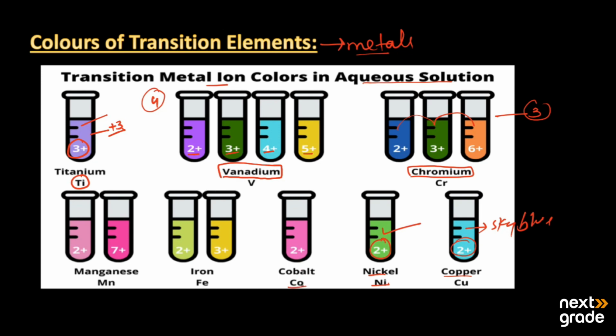Cobalt in the plus 2 oxidation state shows pink color. And here we have iron. It exists in 2 oxidation states, plus 2 and plus 3, and it shows color from green to yellow when there is a change in the oxidation state. And then we have the last one, manganese, Mn. It shows color from light pink to dark pink from plus 2 to plus 7 oxidation state.